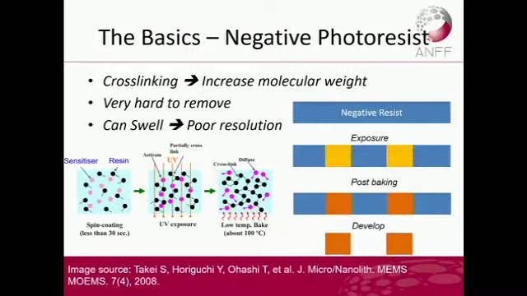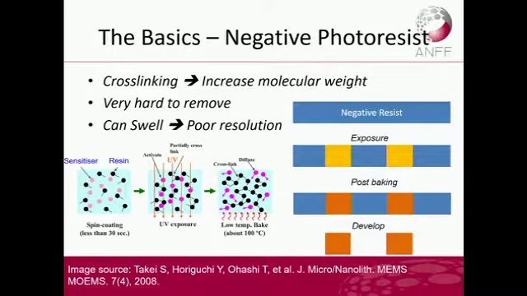It starts to initiate the resins to cross-link to each other, and after you bake at temperature, you basically speed up the process. You're going to have diffusion of the cross-linked product.